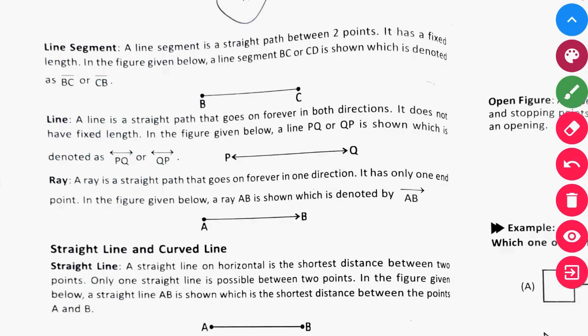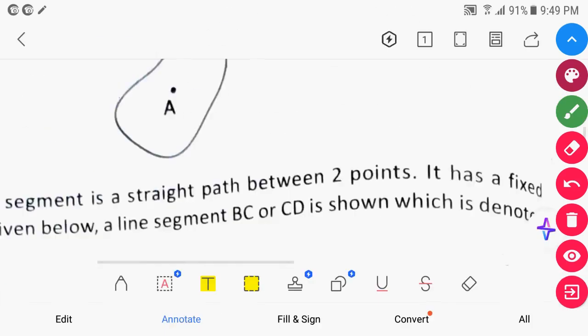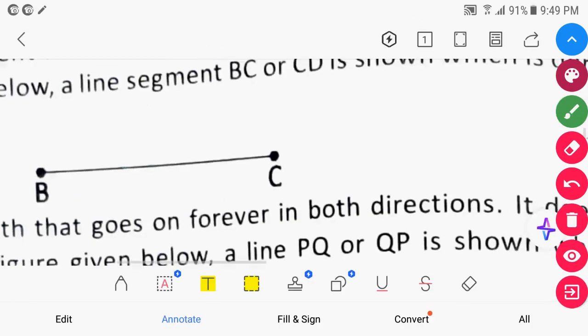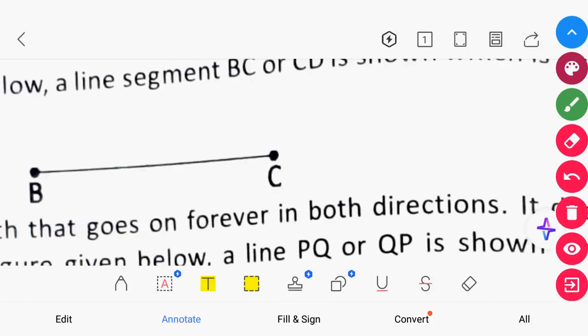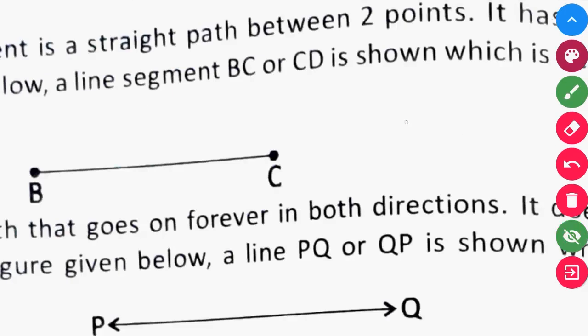Line segment, which we saw right now. Then what is meant by line? So a line is a straight path that goes forever in both directions. See, there is a difference between line segment and line. Don't get confused between them. A line segment has a start point and an end point also.